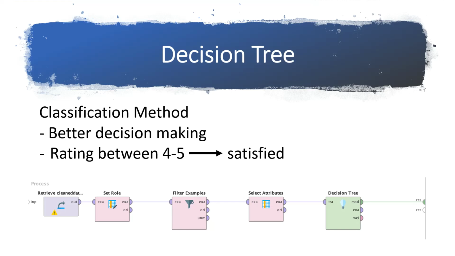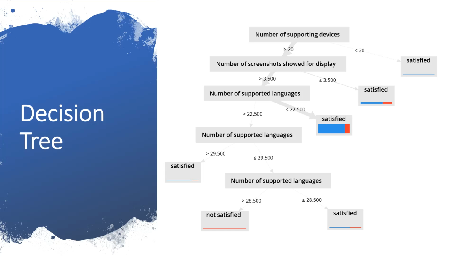Let's see the result of applying the decision tree model. There is one root node, 4 non-leaf nodes, and several branches. Let's look at the thick line.